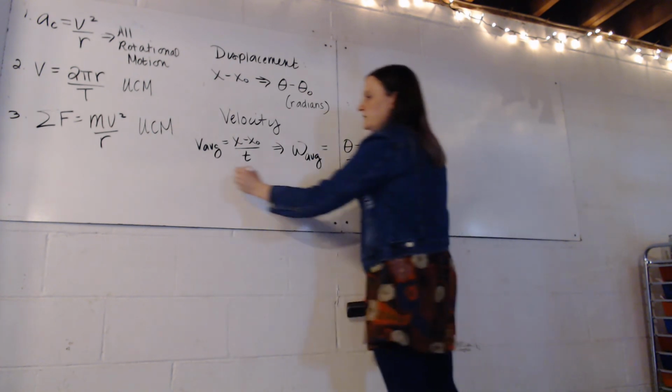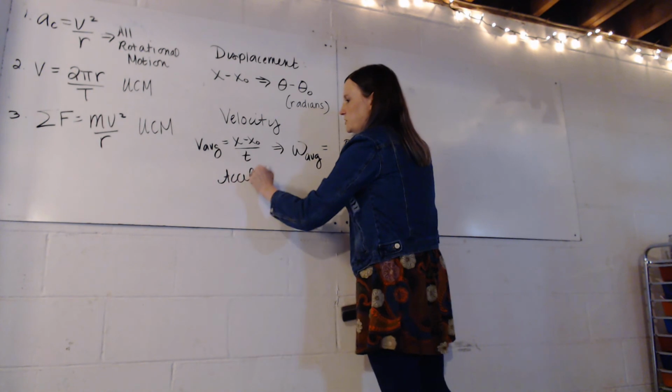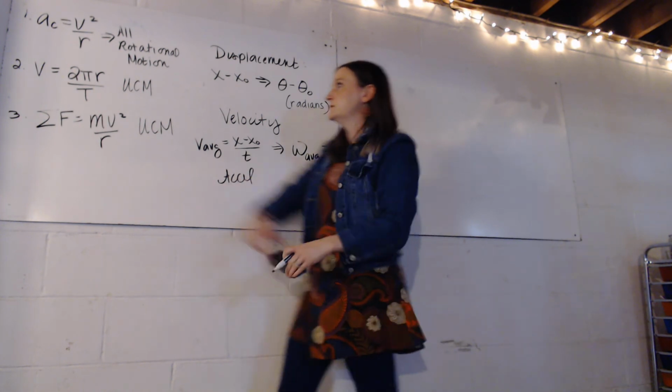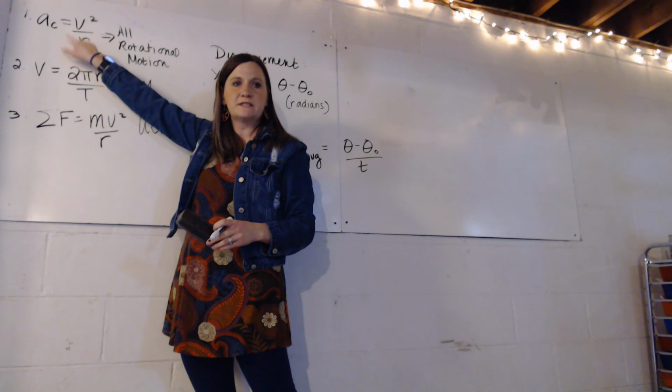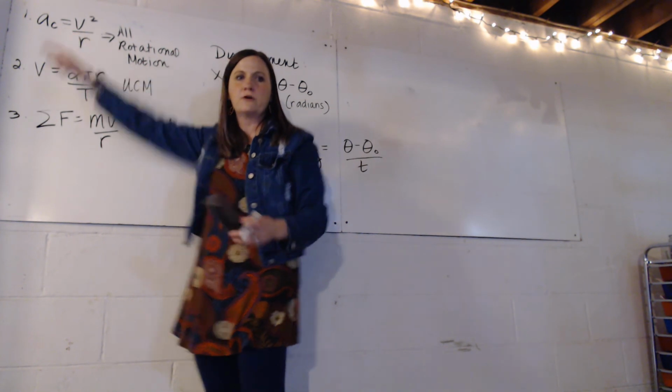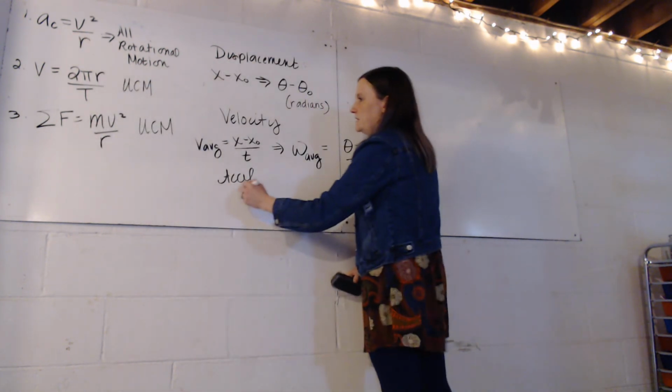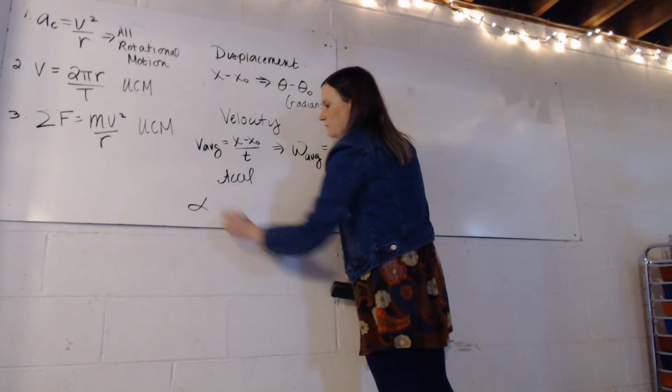And then the final thing is I introduced a new kind of acceleration. This is an acceleration that is different from centripetal. The centripetal acceleration is always there, v squared over r. The angular acceleration is alpha.